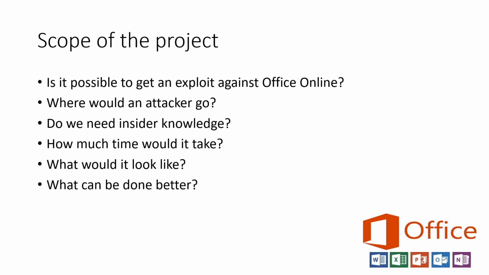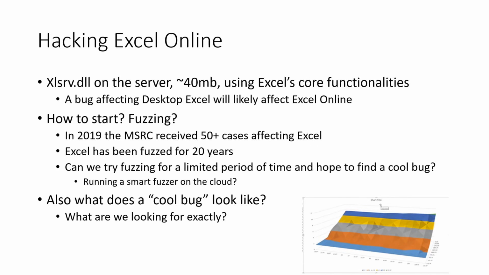So I chose to go after Excel Online. I could have gone after PowerPoint or Word, but I chose Excel, and there are several reasons for this. Before I joined Microsoft, I was working for a company named Vulnpen Security, and at that moment, I had done a bit of research on Excel. I found a couple of bugs and did a couple of exploits, but well, that was quite some time ago.